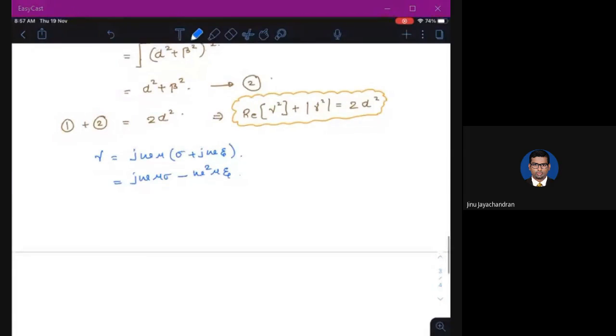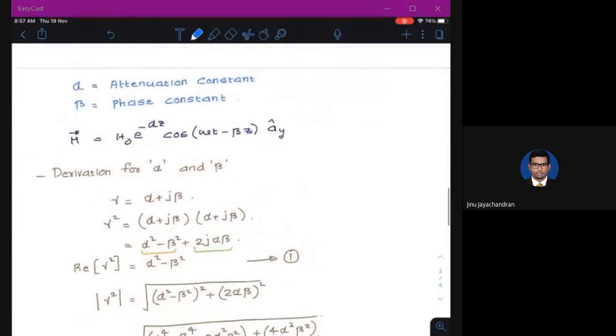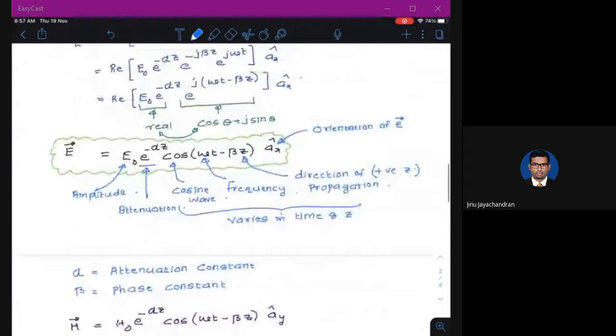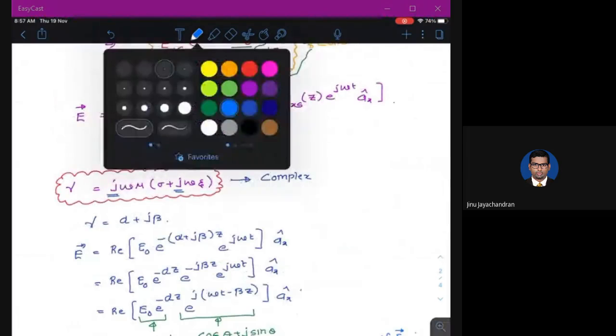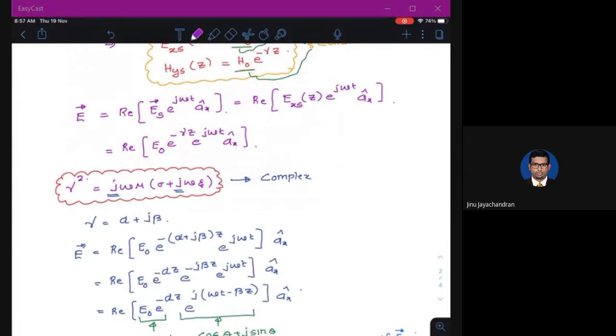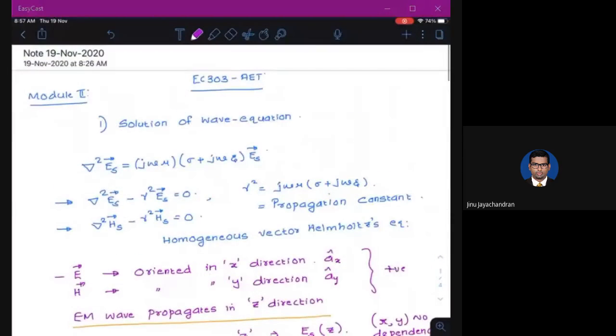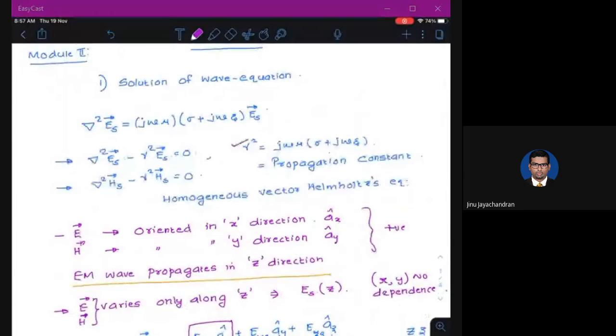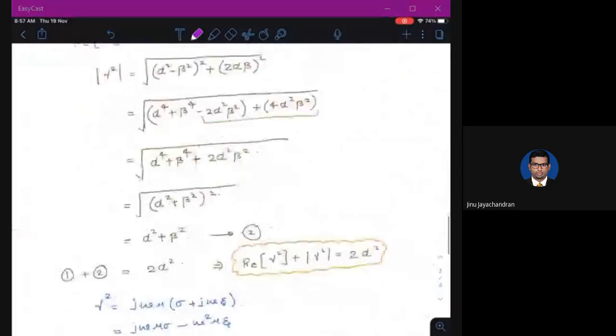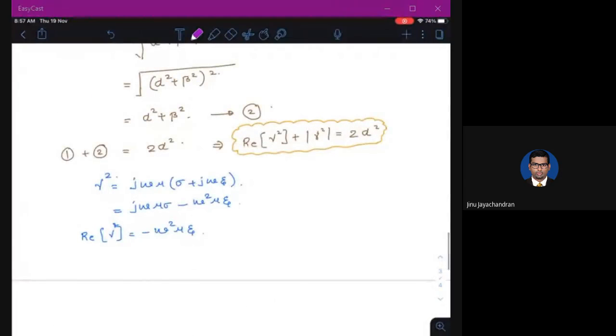The real part of gamma square is equal to minus omega square mu epsilon. Sorry, this is actually gamma square. I'm sorry, I think I have written it somewhere again as gamma, so this is actually gamma square. Let me see if I have made the same mistake somewhere else. Okay, this is correct. So gamma square is j omega mu into sigma plus j omega epsilon.